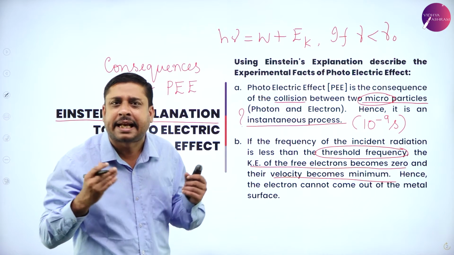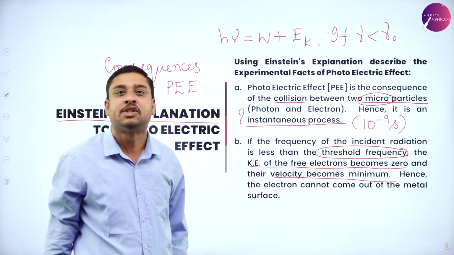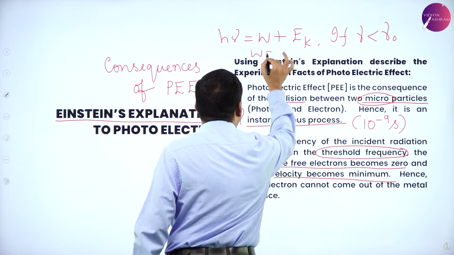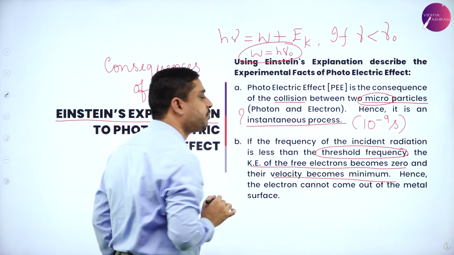Why? Their kinetic energy becomes zero. Their velocity is minimum. Therefore, here W becomes equal to h nu naught.